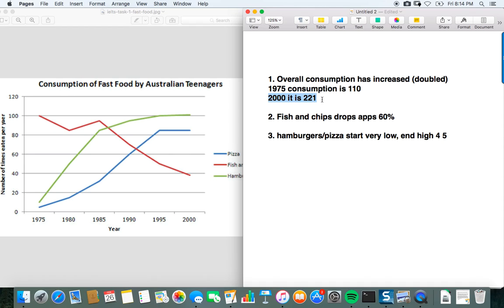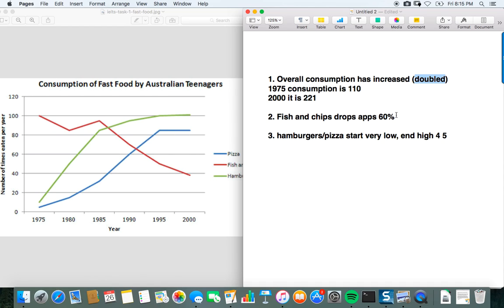Now this is important because it's telling you that overall consumption of fast food has nearly doubled, and that's important. And this is the biggest thing that most people miss in the exam, is they don't get the macro trend. So yes, this went down, this went up, they changed places, but overall, consumption increased. That's really important if you're trying to get that 7 or higher in the IELTS exam. You really need to pick up on that.